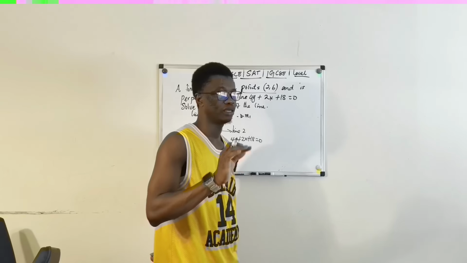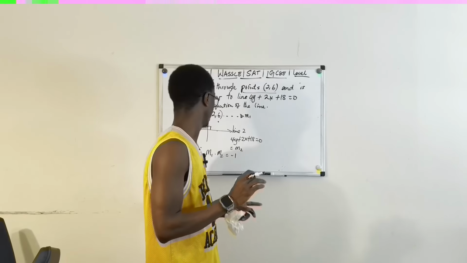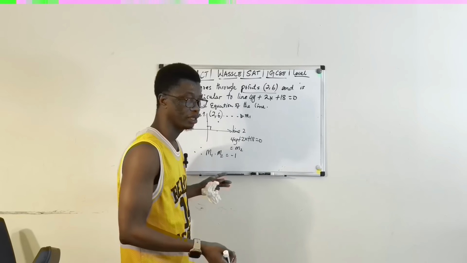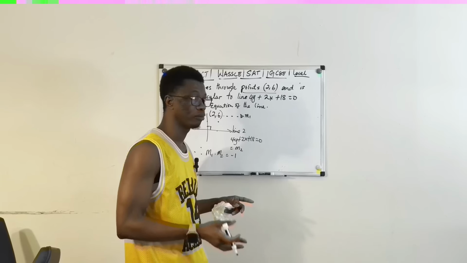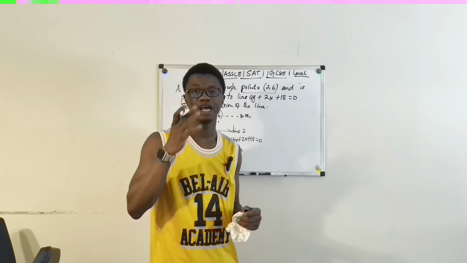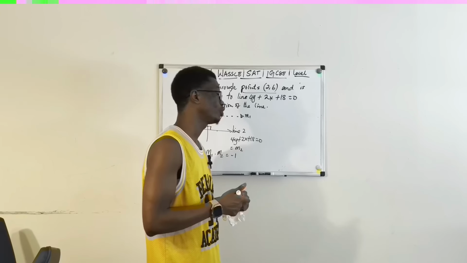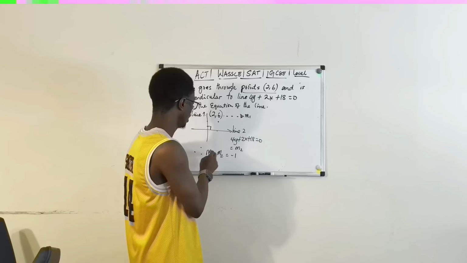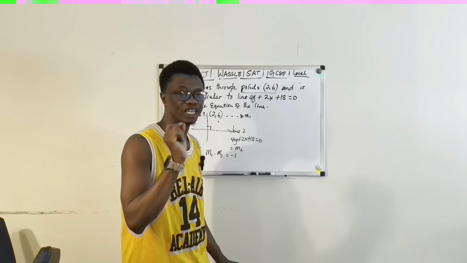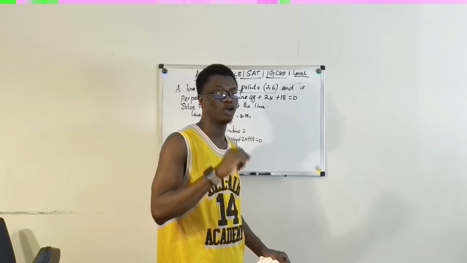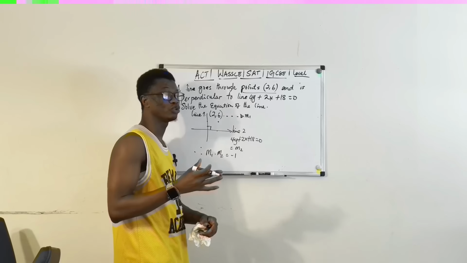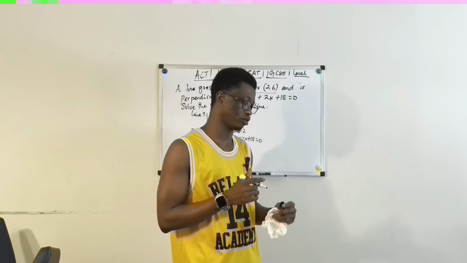That is the criterion you need to satisfy. Or you can say the slope of line 1 is equal to the negative reciprocal of the other. Easy as that. That's how you know that two lines are perpendicular.